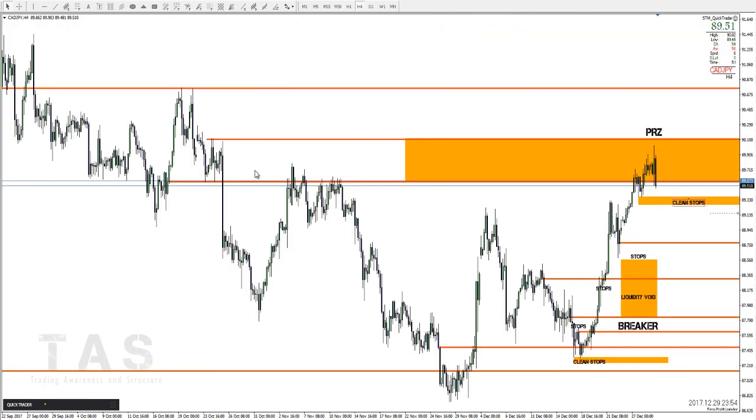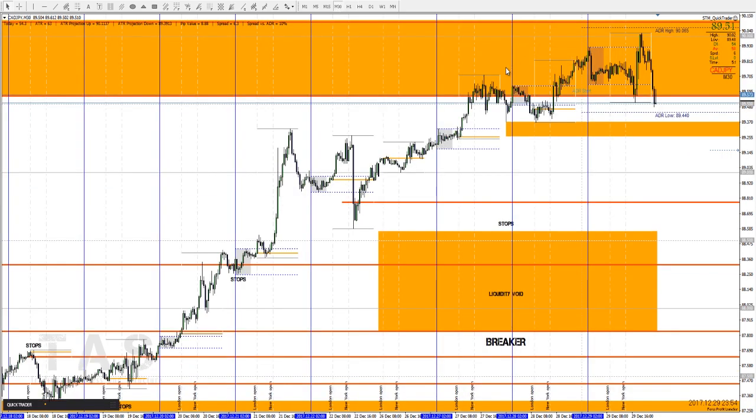It's the same thing again. Where is it going to? Okay, I'm looking for it to reverse in this area. It hasn't really broken structure. Kind of broke here.